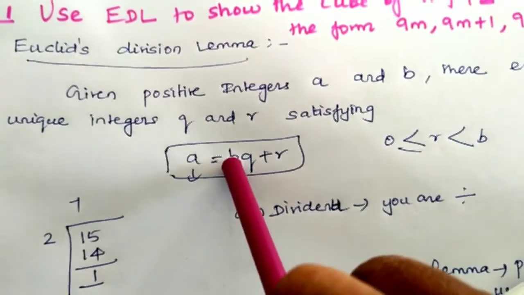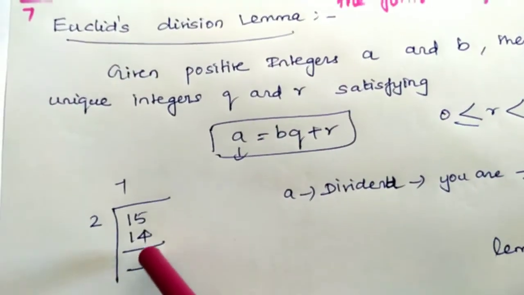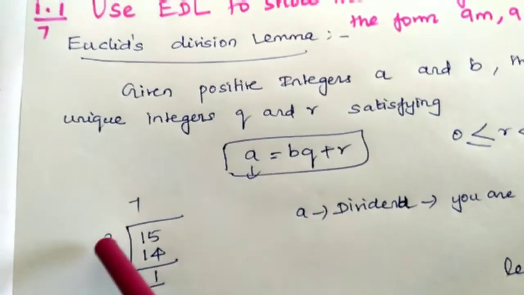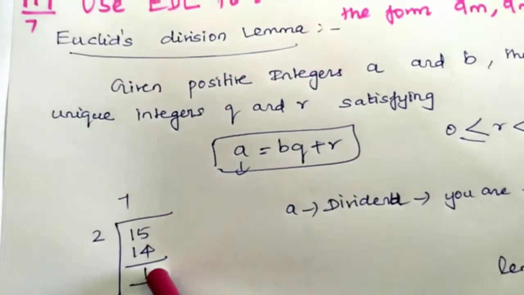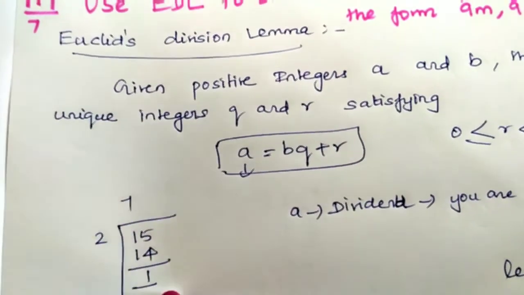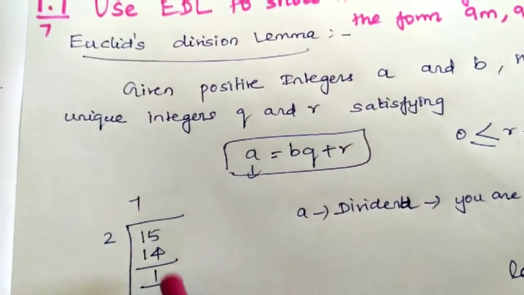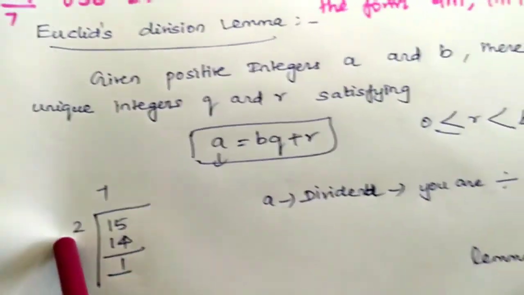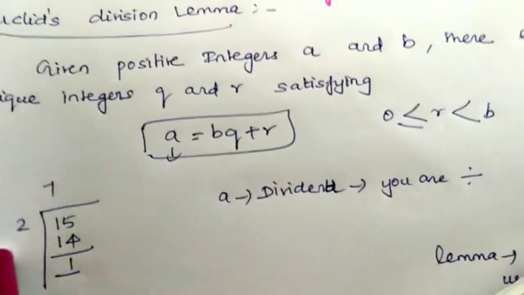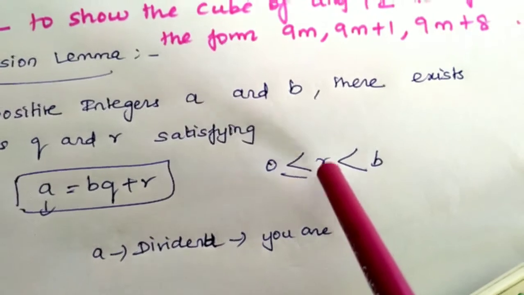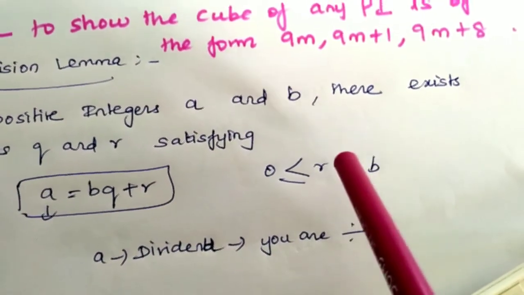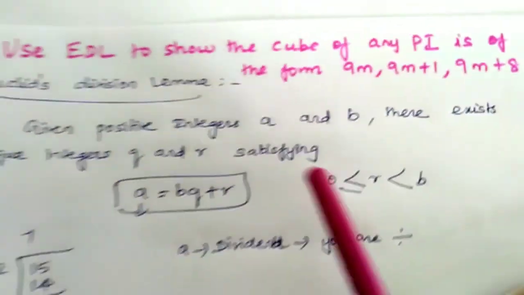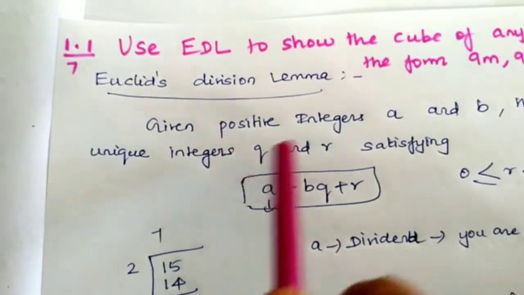You have to keep this in mind: the remainder value will always be less than the divisor. That's given here: r is less than b. This theorem is called Euclid's division lemma.